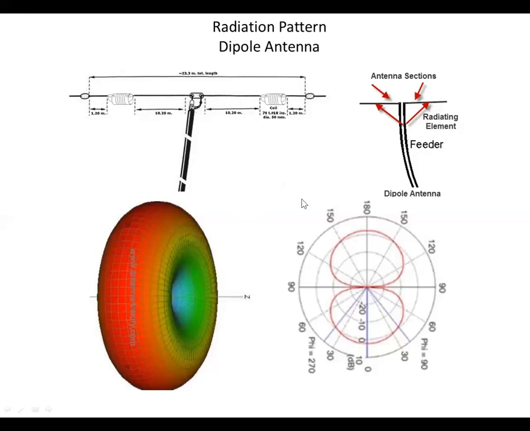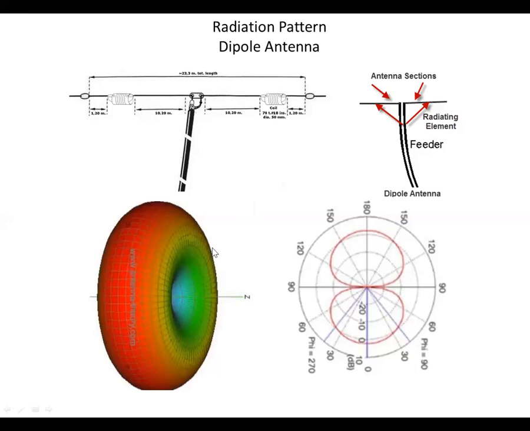Now, when you power that dipole with an RF signal, the radiation pattern is going to look like this donut, where the elements are running north and south here, for example, in this direction.